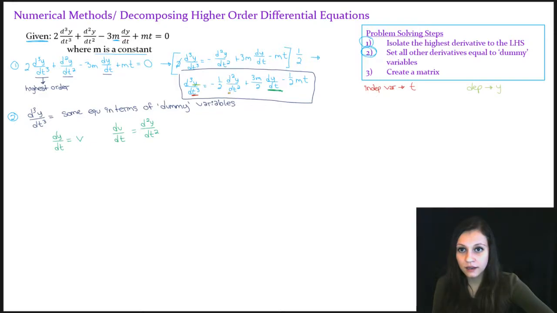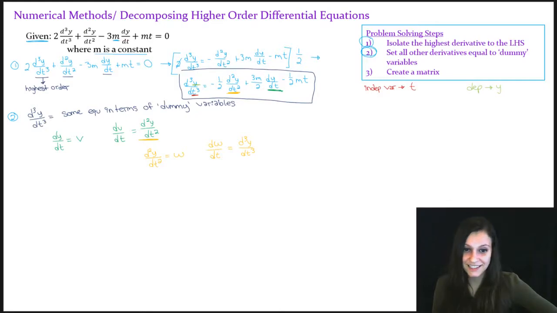So now let's go back to our equation, and we need to set a dummy variable equal to this second order derivative. So I'm going to say the second order derivative is equal to w. So then we could say that the derivative of w with respect to t is the same thing as the third order derivative of y with respect to t.